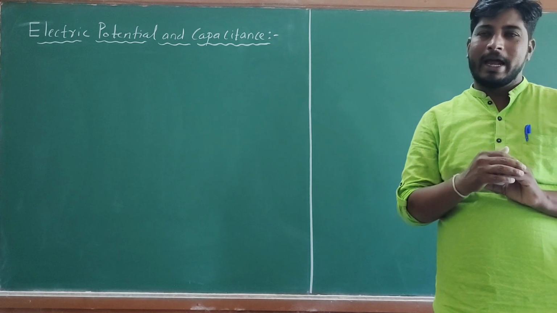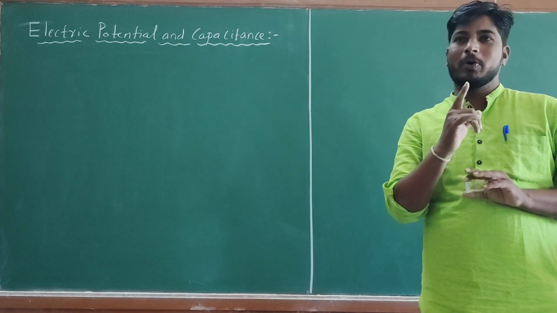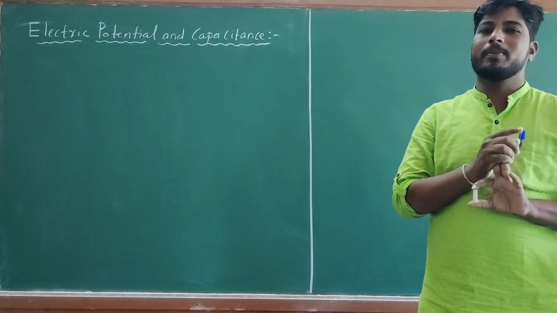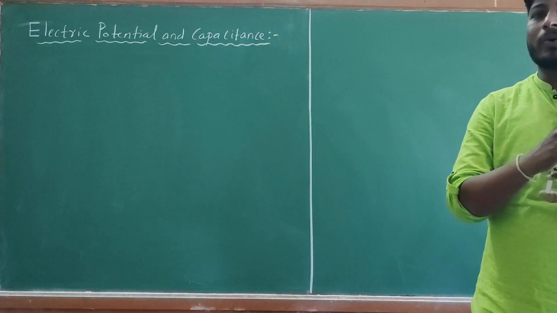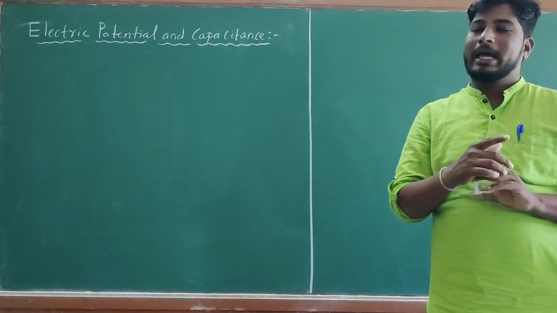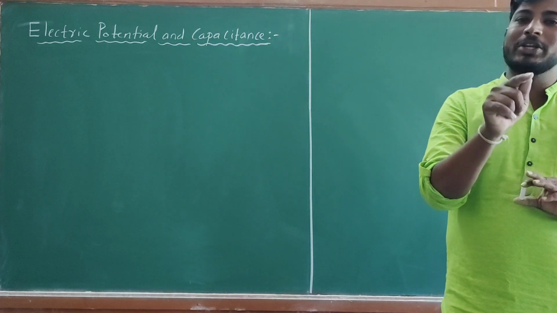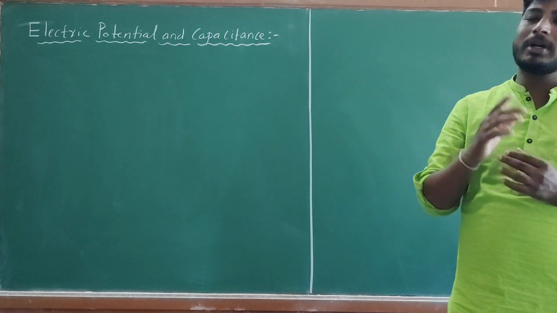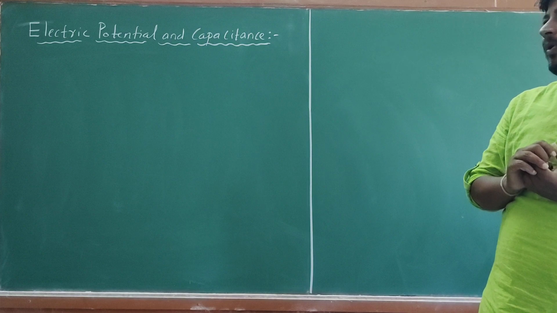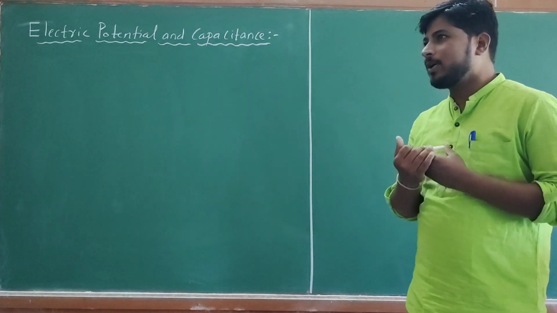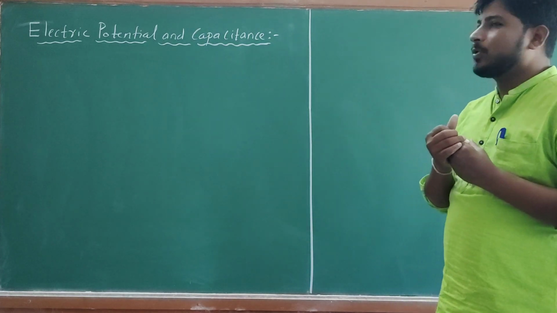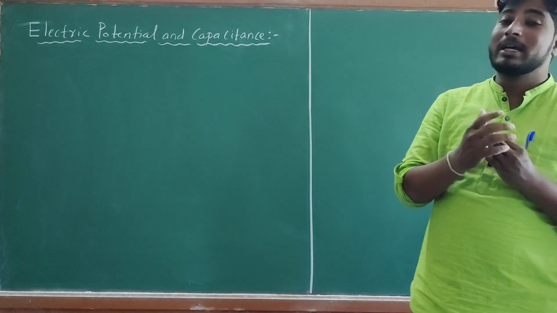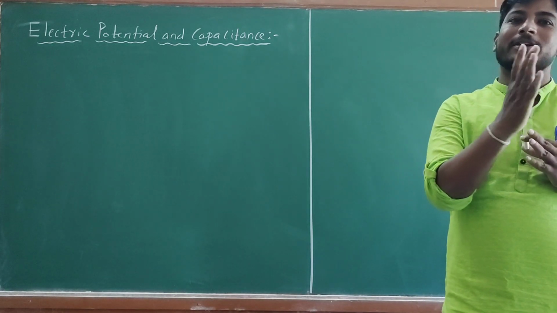Conservative force means the work done by the body does not depend upon the path followed, but it depends on the initial and final position of the body. It is independent of the path followed. Why am I saying conservative force? Because when we talk about the electric potential, one must understand the conservative nature of the electric field.